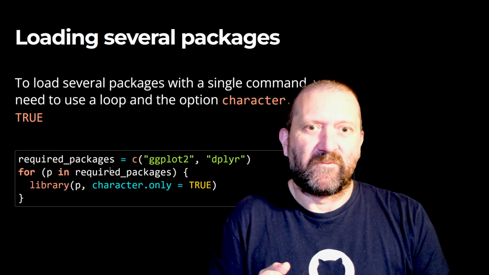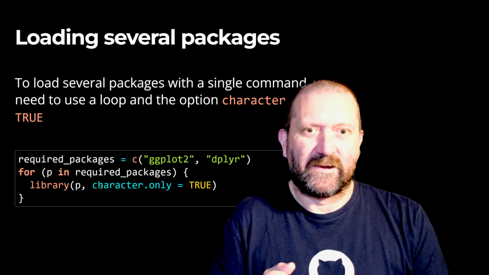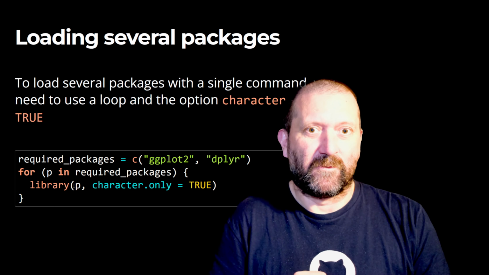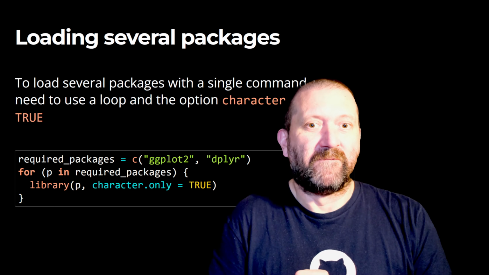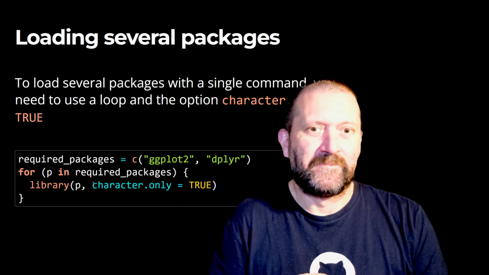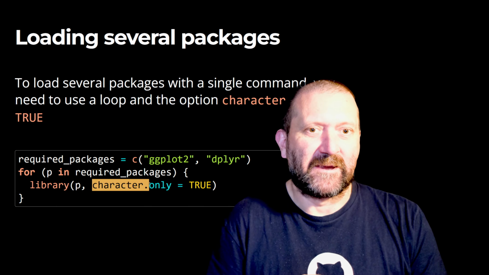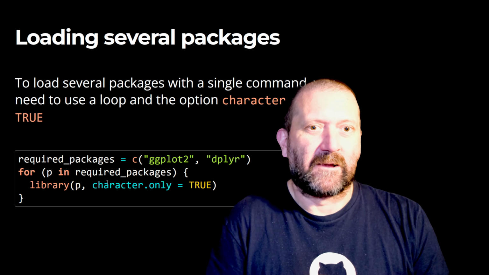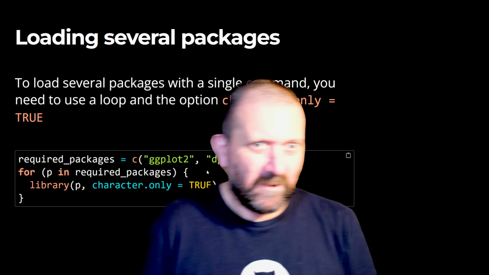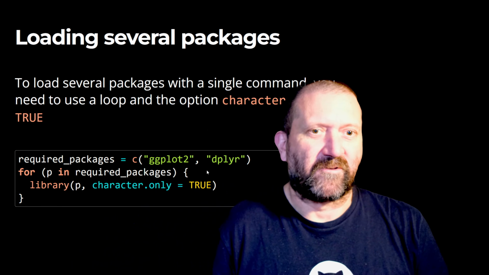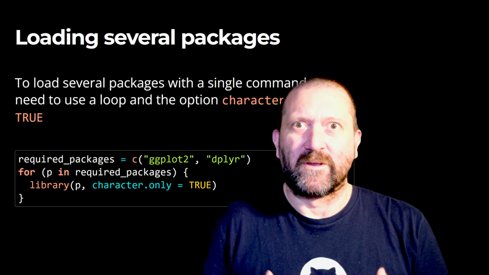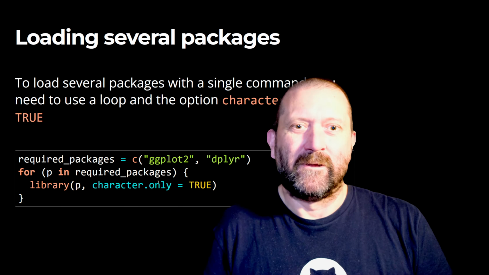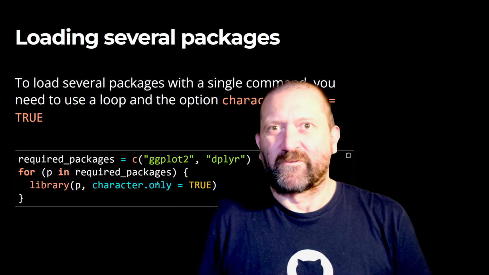So for a value of p in those two values, instead of just doing library as I did before, I need to do library of that variable and use the option of the library command, character.only equals TRUE, because otherwise this will not work. So if you're trying to load multiple libraries in a loop and it doesn't work, it is because you've probably forgotten that character.only equals TRUE statement.